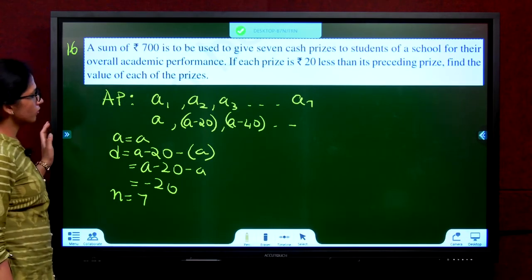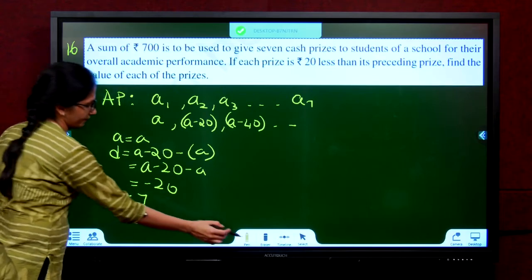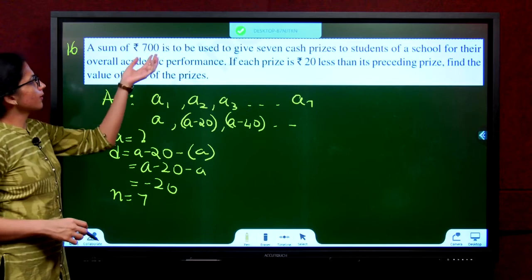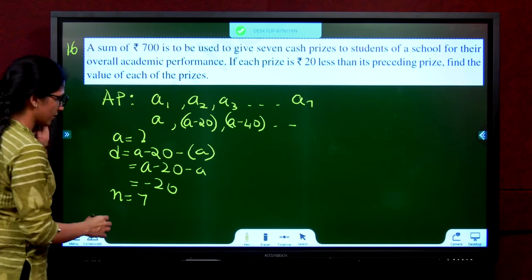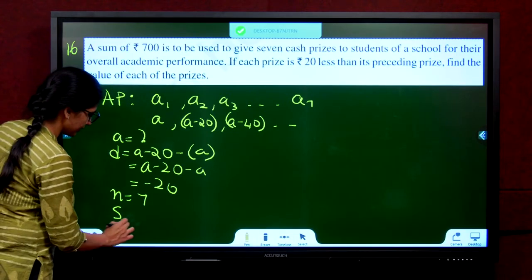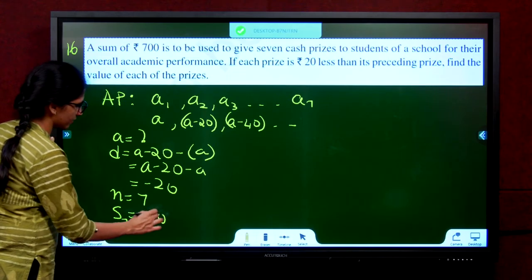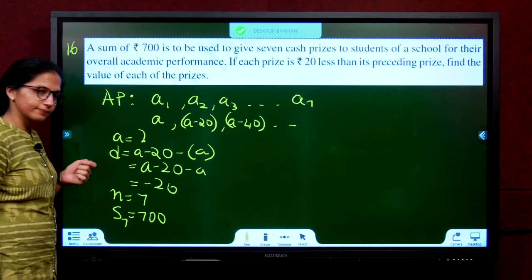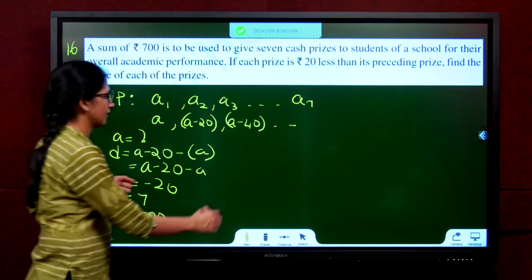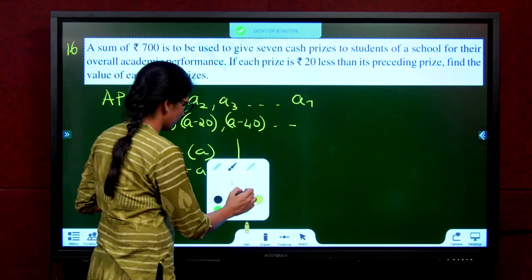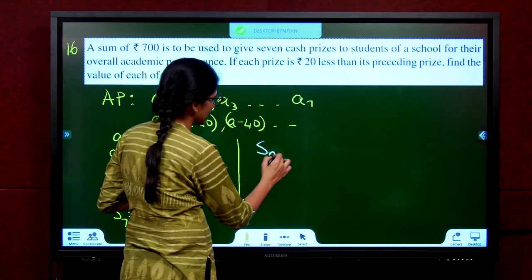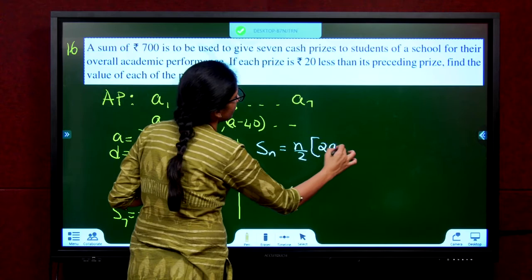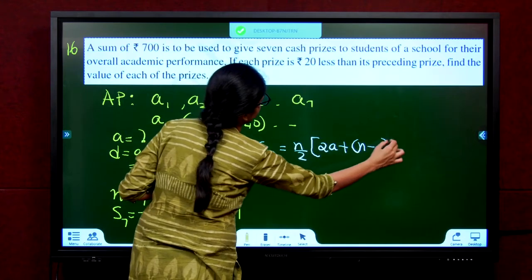And the total amount, a is not given, so you have to find a. The total amount is 700. So S7 is 700. Using this, can I find the value of a? Yes, I can. How? Sn is equal to n by 2 into 2a plus n minus 1 into d.